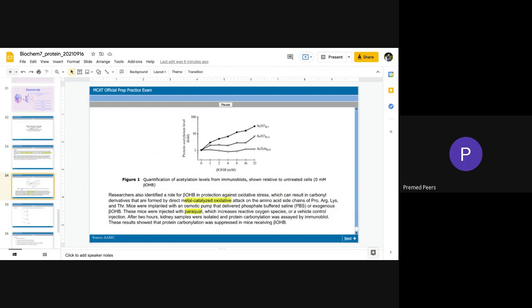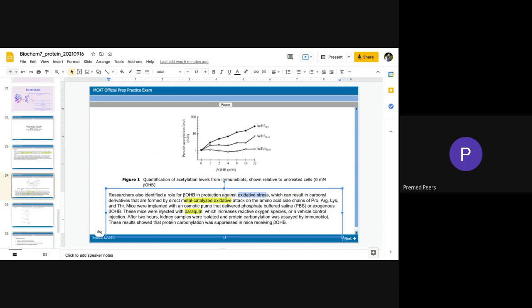And then they are also identifying the beta OHB protection against oxidative stress, which results in carbonyl derivatives. If there's oxidative stress, you will get carbonyl that is directed by a metal-catalyzed oxidative attack on the amino acid side chain.